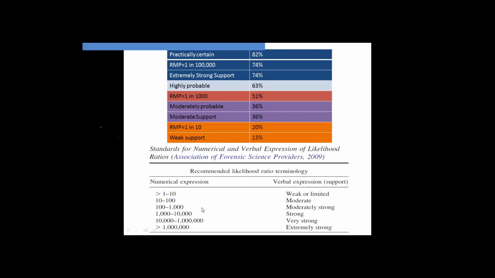So if your likelihood ratio is between 100 and 1,000, you should say this provides moderately strong support. And our ranking suggests that their verbal support scale corresponds roughly to how people evaluate these things, particularly at the lower end, maybe not as good at the higher end.